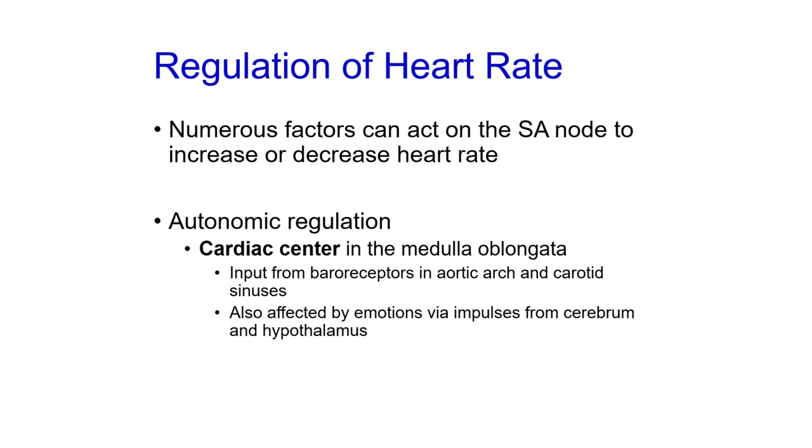Basically that cardiac center receives input from baroreceptors in the aortic arch and the carotid sinuses. And this deals with your heart rate. This is how your heart knows the speed at which to contract and therefore beat, right?